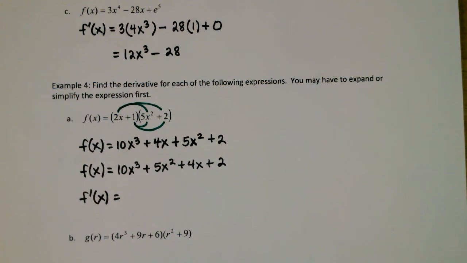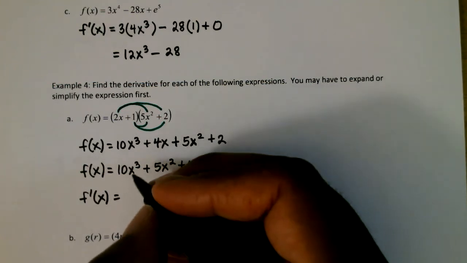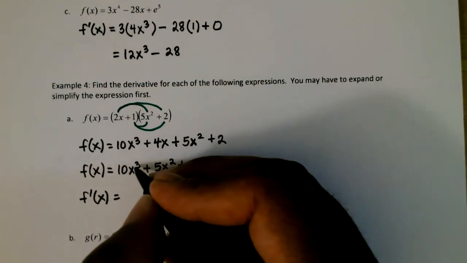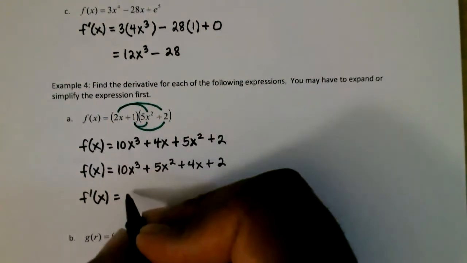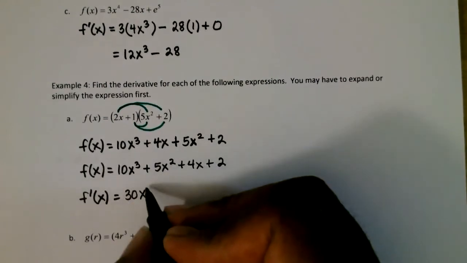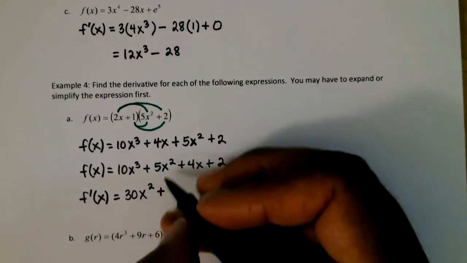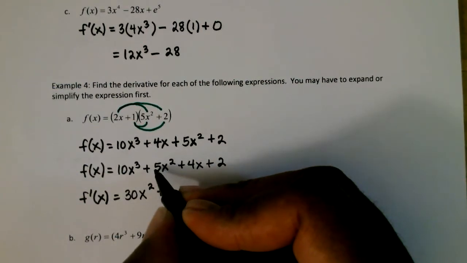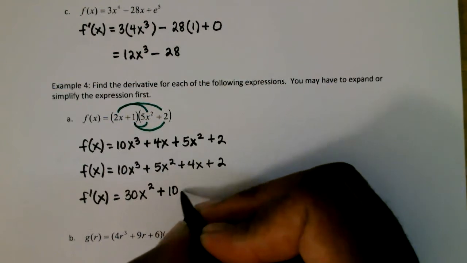And in this case, since I pretty much know how to do it, I can bring the power down, that 3 in front of the 10, so it'll be 10 times 3, which is 30. Copy over the x to the 1 less power. 1 from 3 will give me 2. And then plus, bring this 2 down and multiply it by 5. 2 times 5 will be 10.